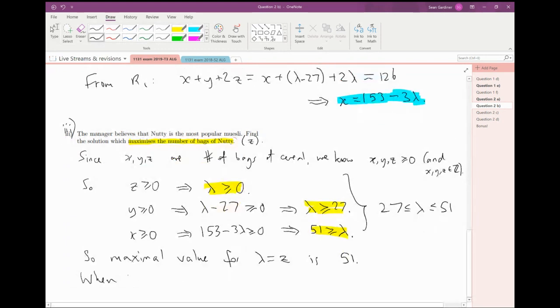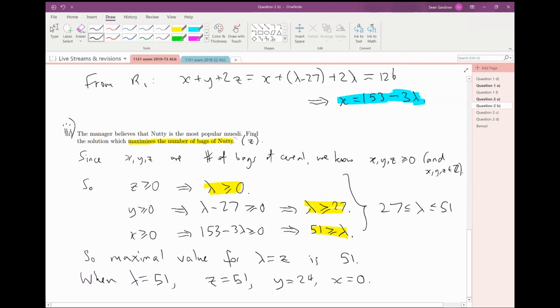So when lambda is 51, I have that z is 51, of course. Y becomes 51 minus 27, right? Which happens to be 24, right? And x becomes 153 minus 153, it becomes 0.